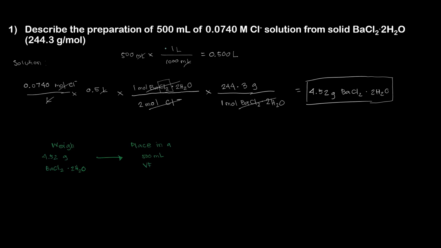VF is volumetric flask, because we need to prepare a 500 ml volume of 0.0740 molar. Now, the last step, dilute to mark. After diluting to mark, since this is a calculated mass, you have prepared the 0.0740 molar. That's how you describe the preparation of your chloride ion solution.